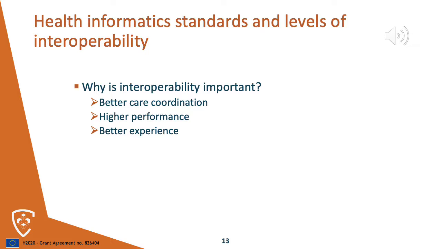A lack of interoperability can result in an incomplete understanding of an individual's or population's health needs, which can lead to poorer outcomes and higher costs. As populations around the world age and people live longer, interoperability and data sharing are going to become increasingly critical for delivering effective healthcare.